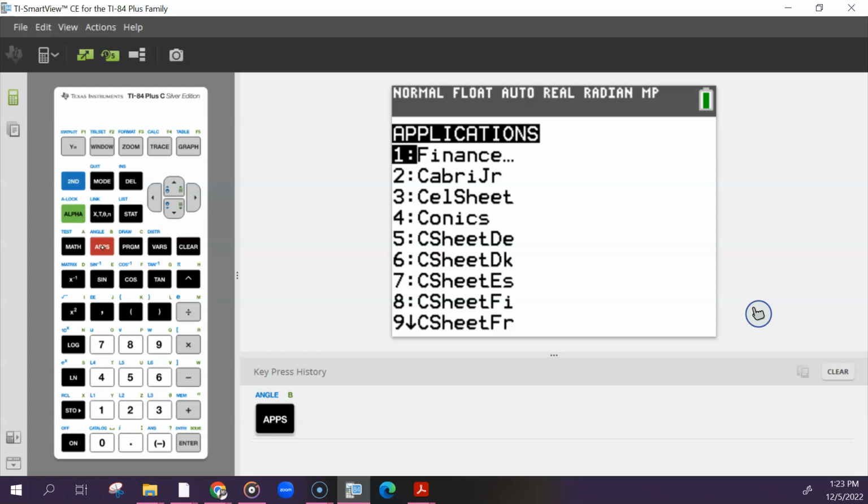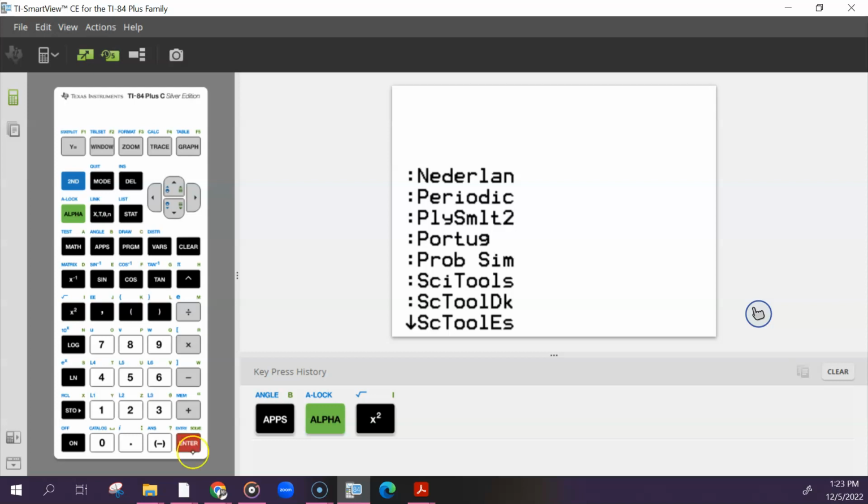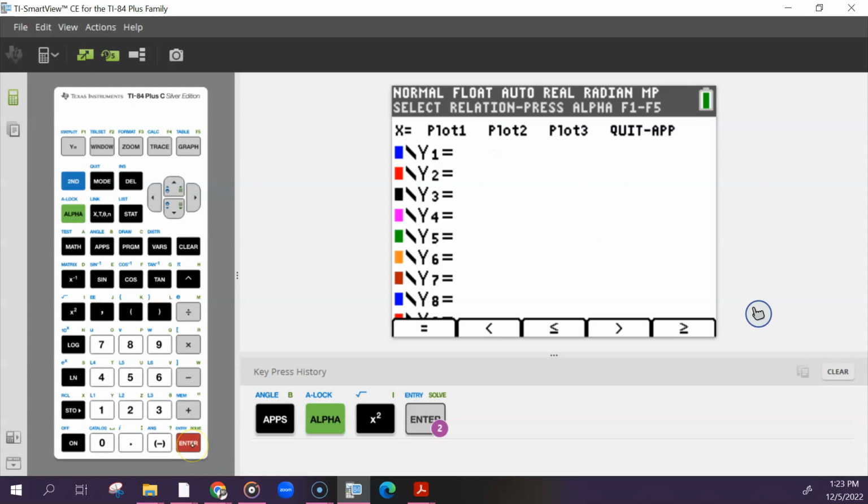And then you're looking for Inequalz. Once you find that, make sure it's on that line. Hit enter. The inequalities, right? And then hit enter one more time.